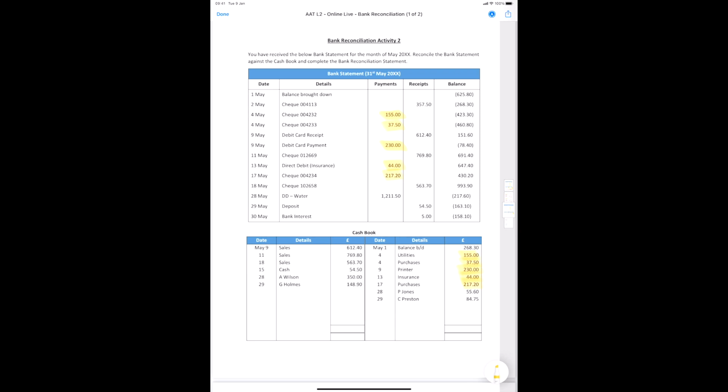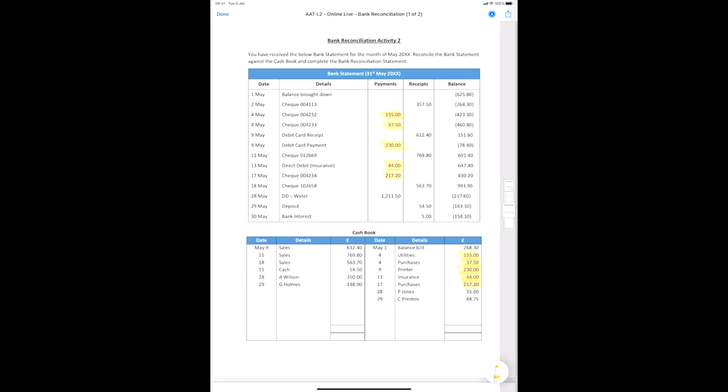In our receipts column, we've got a cheque for £357.50, which isn't shown in our cash book, but there is a reason for that, which we'll have a look at in a second. We've got another receipt for £612.40.